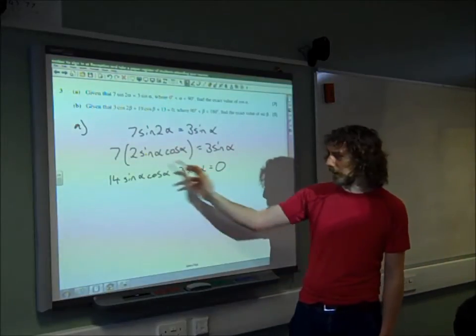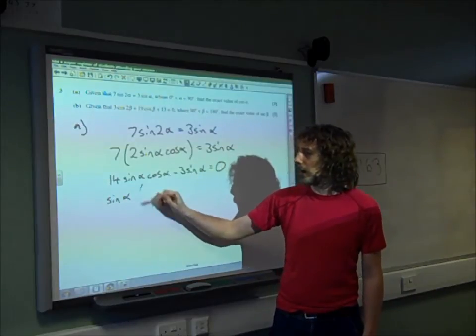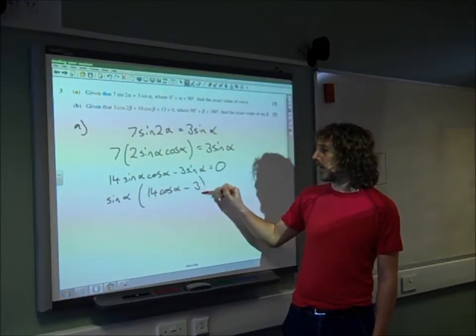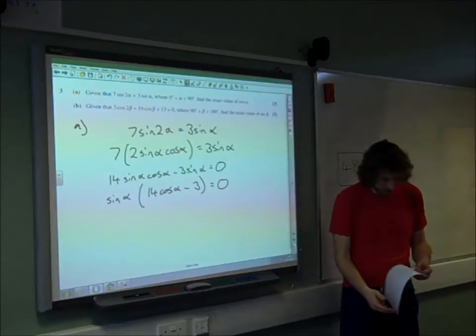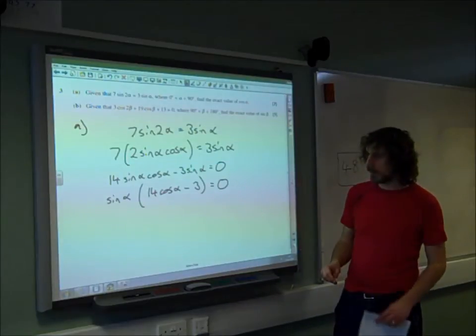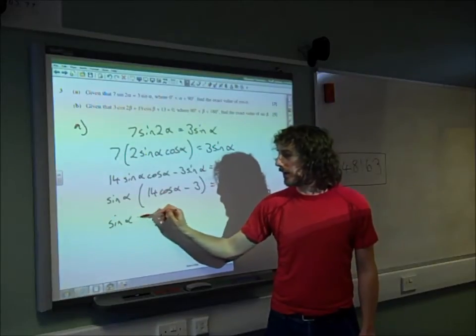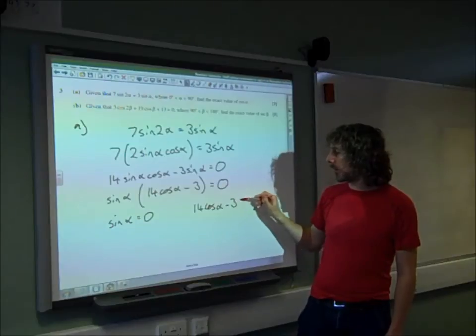That's the common factor, isn't it? Now we've got sine alpha as a factor of both. So we'll take sine alpha out as a common factor. 14 cos alpha minus 3 is 0. We've now got two things multiplied together that give an answer of 0. So that being sine alpha is 0 or 14 cos alpha minus 3 is 0.